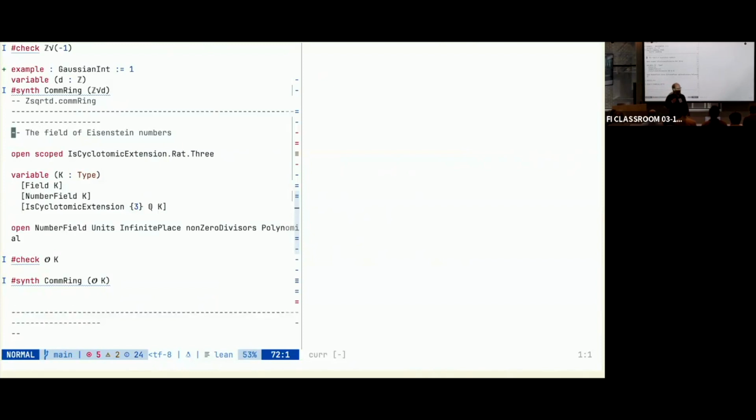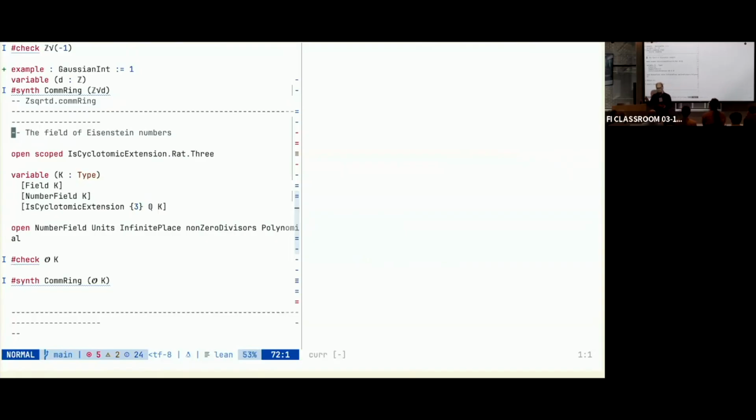So I said, okay, it's Z of square root of minus 3. But it's not, because cube root of unity is (-1 plus i square root of 3) divided by 2. And we don't have divided by 2 in Z. So in fact, there is Z of square root of minus 3, and we need something else because it doesn't fit our needs.